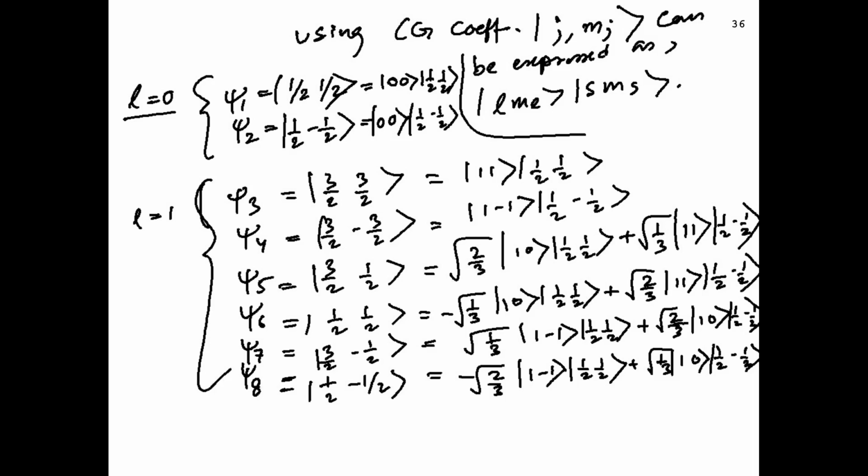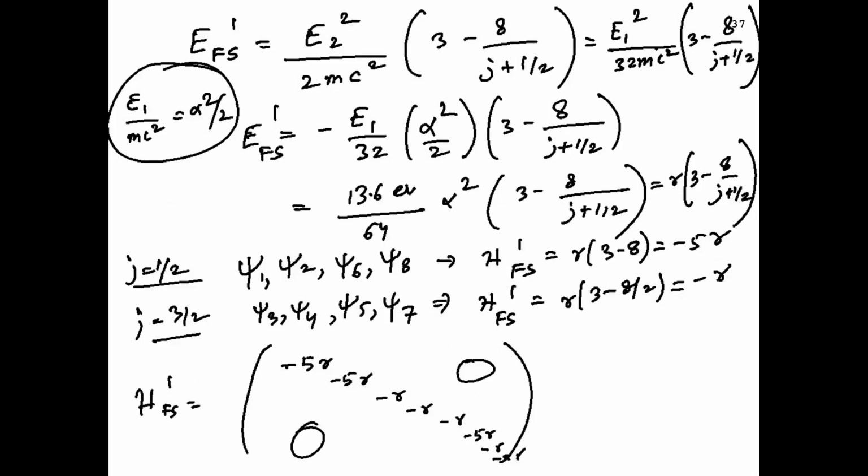We have to use one basis. We need to keep in hand the translation language, which is nothing but the Clebsch-Gordan coefficients. We refer to these states as psi 1, psi 2, up to psi 8; on the left side we write the j mj basis form, and on the right side the L ml ms basis form, and the Clebsch-Gordan coefficients give the relation.